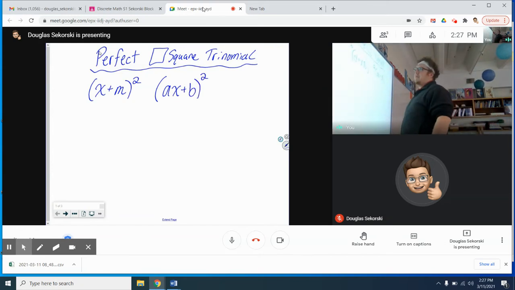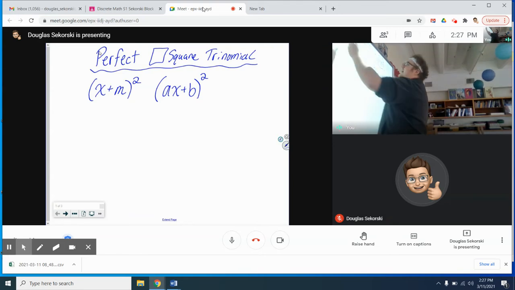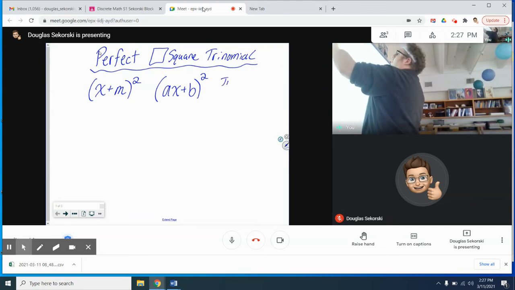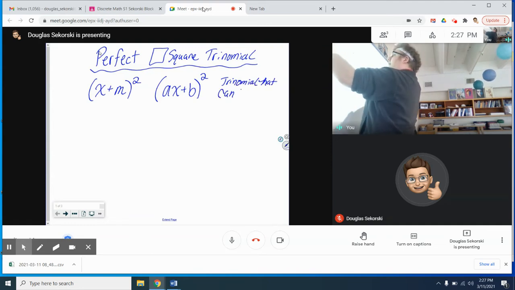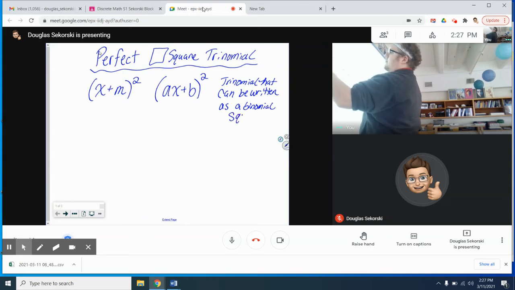I just came up with m randomly. But the whole idea is that a trinomial can be written as a binomial squared.